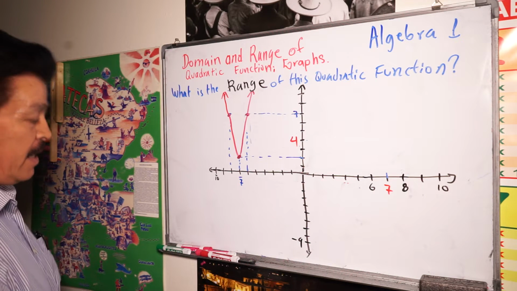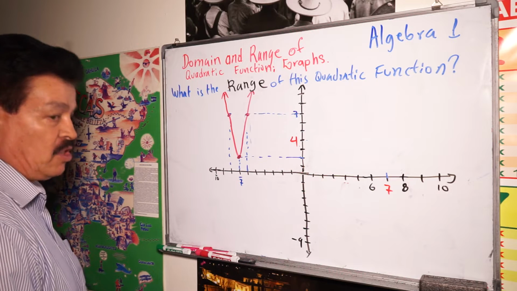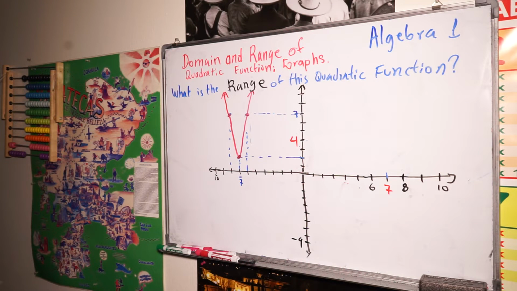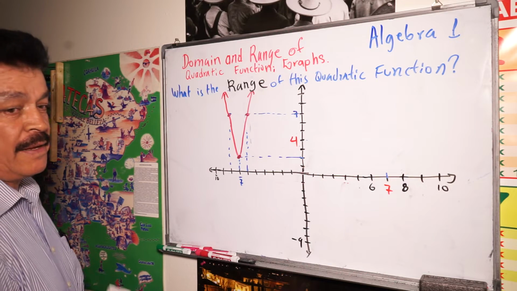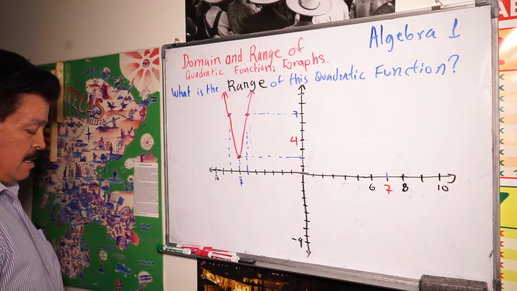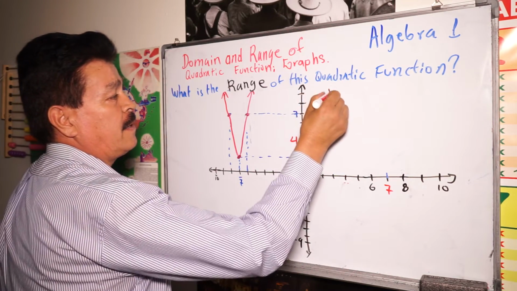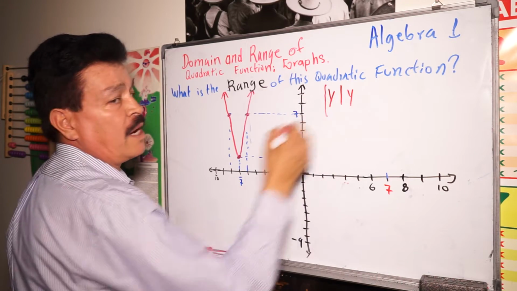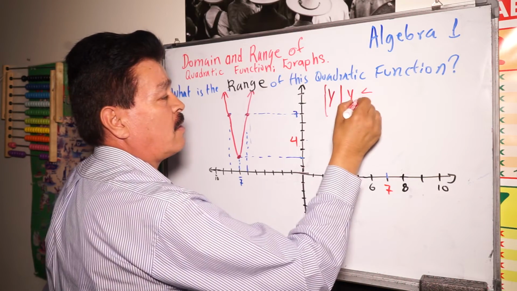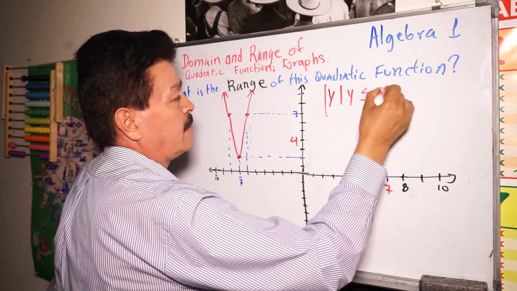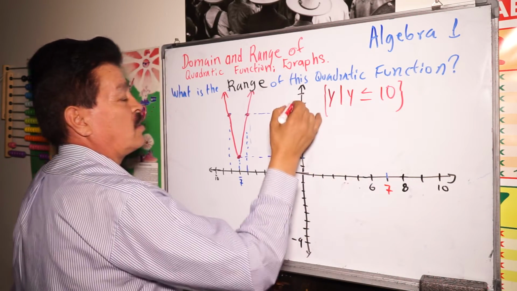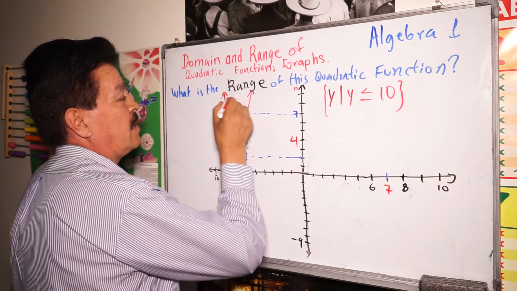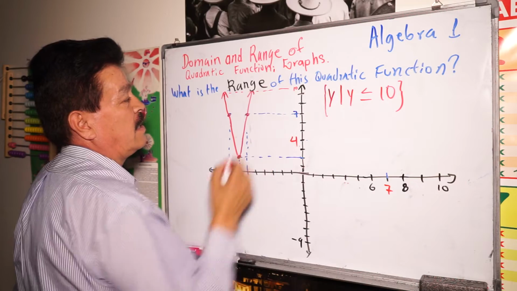Okay. Again, let me write some possible answers to this problem. First one: y such that y is less than or equal to 10. Okay, so it says 8, 9, 10, right there.